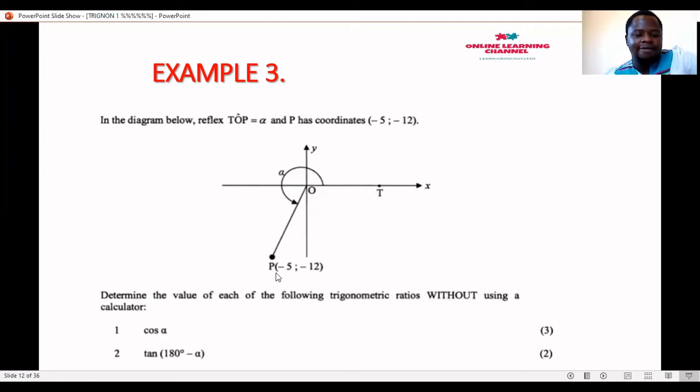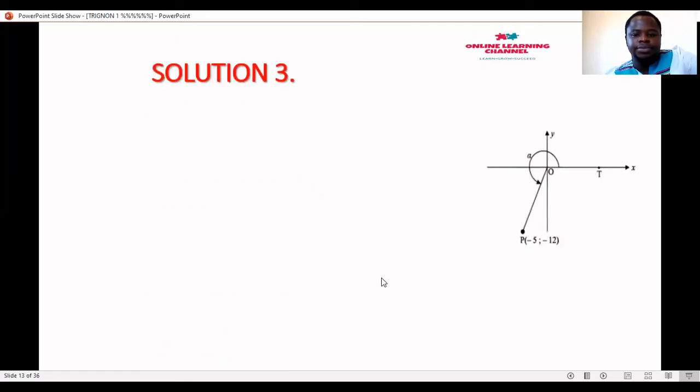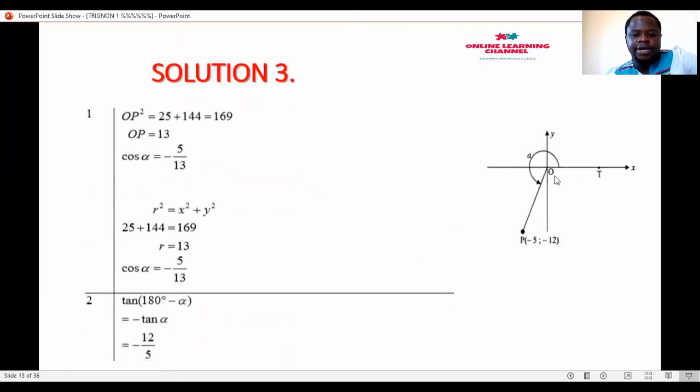So for cos alpha, first you must start by getting the hypotenuse side. So r squared is equal to x squared plus y squared. That should be simple.